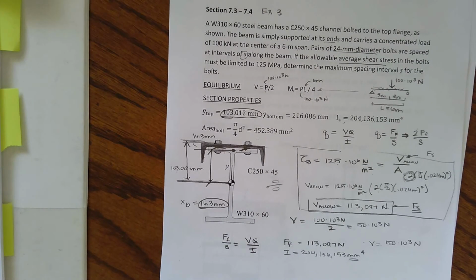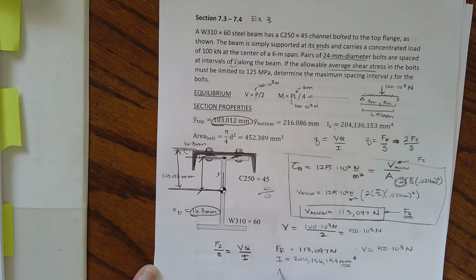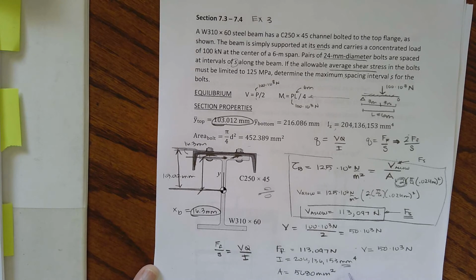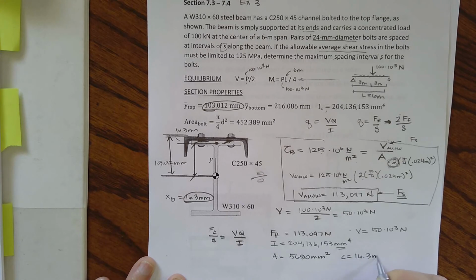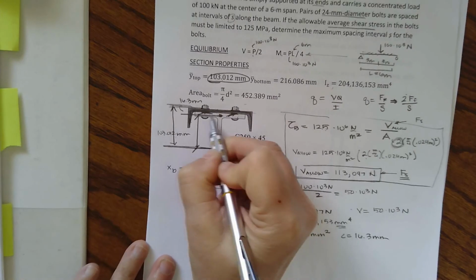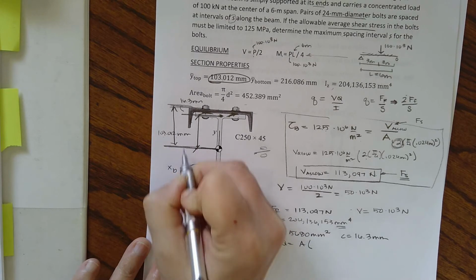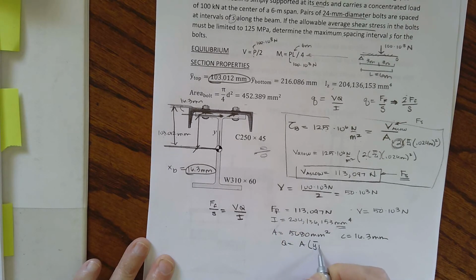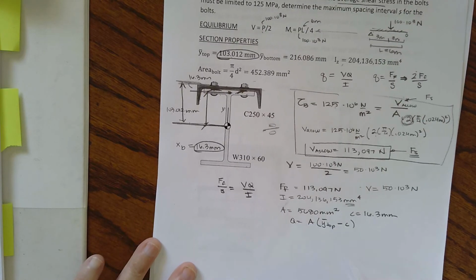And I find that the area is 5,680 millimeters squared. Again, that C value was 16.3 millimeters. So as I'm trying to find Q, it's going to be the area times Y bar to the top minus C. Okay, and that's going to be my Q.